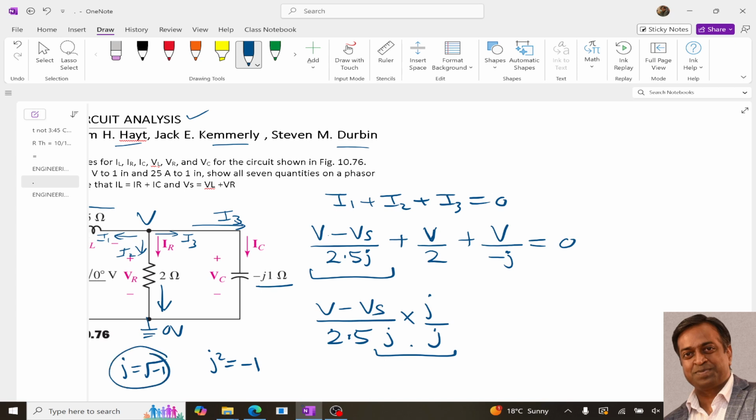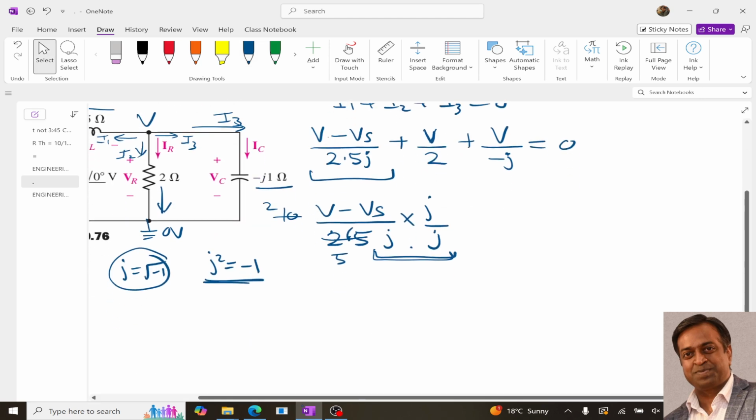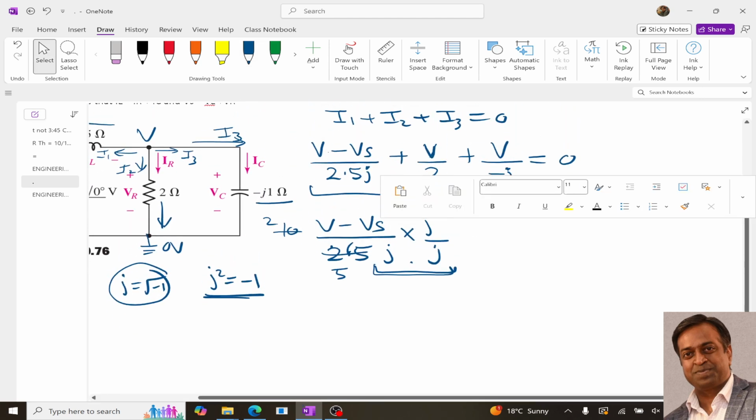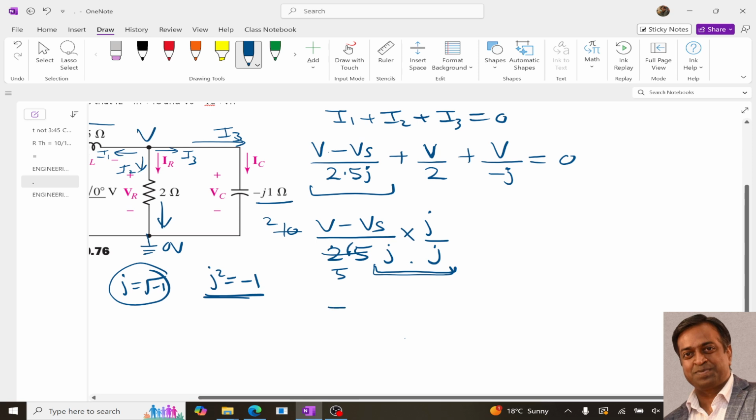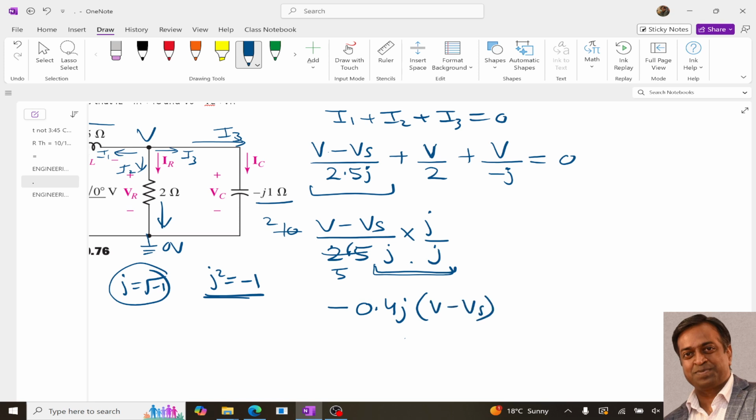So in the denominator we have minus 1 times 2.5, and just removing this we get 10 over here. This is 2, this is 5, so 2 divided by 5 is 0.4. It means that we can write it as 0.4j times (V minus Vs).